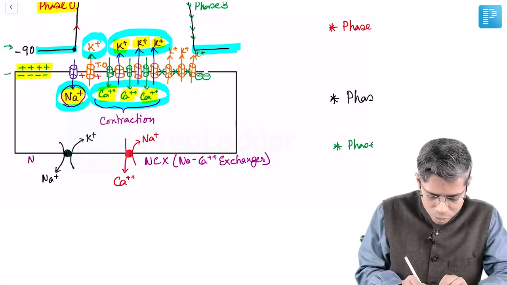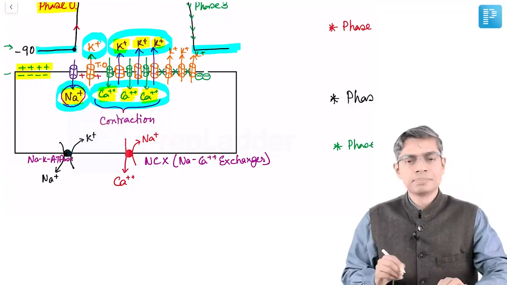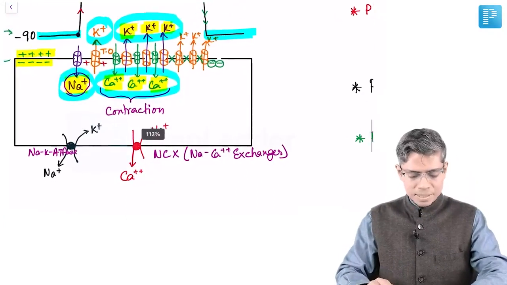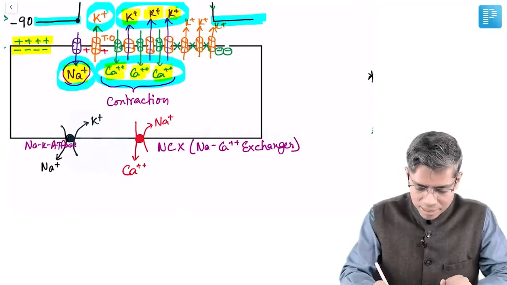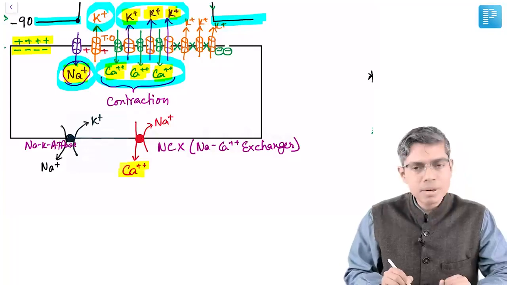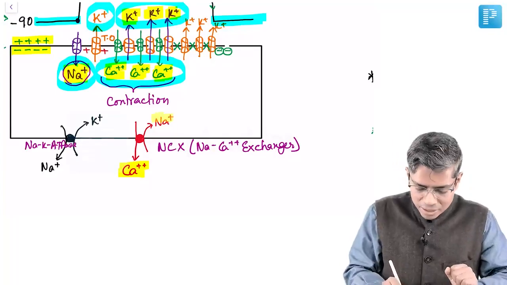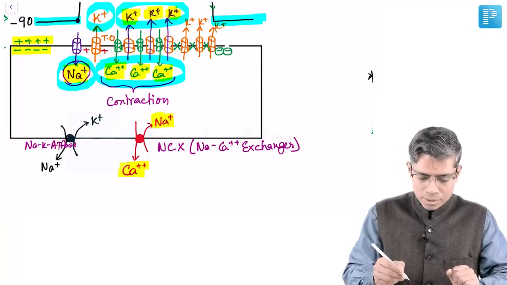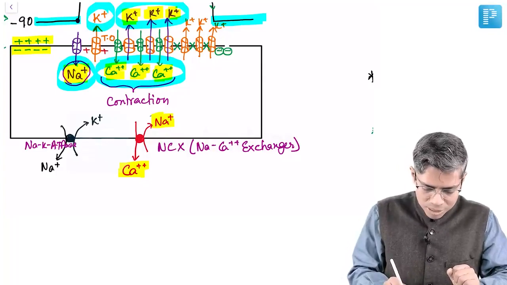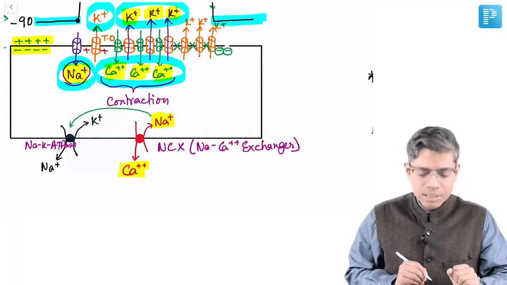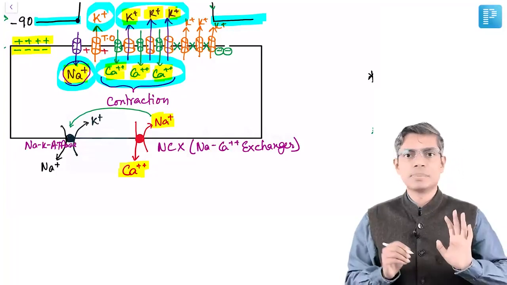And this is my sodium potassium ATPase molecule, right? So whenever the sodium calcium exchanger is working, I can throw the calcium out of the cell easily, but again you have taken the sodium inside the cell. So again you have to remove this sodium from the cell, and that can only be done by the sodium potassium ATPase pump.